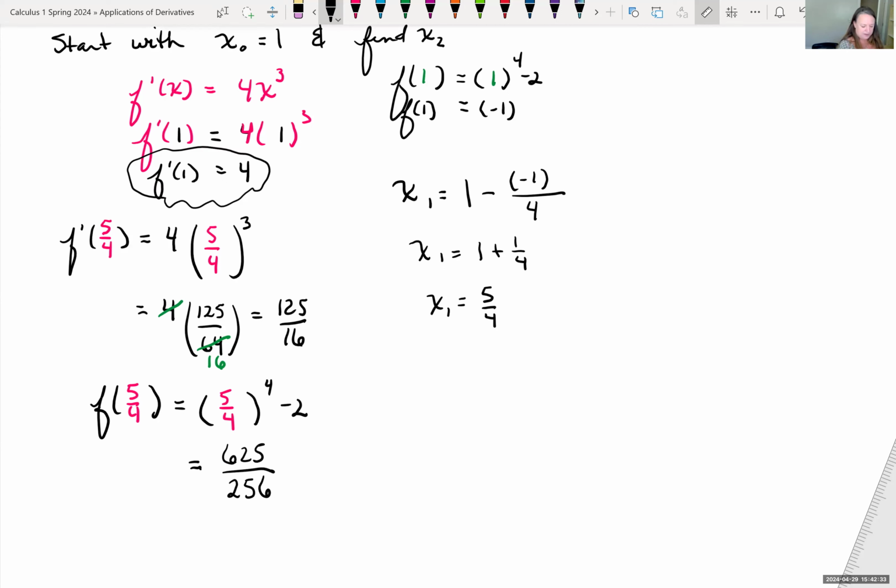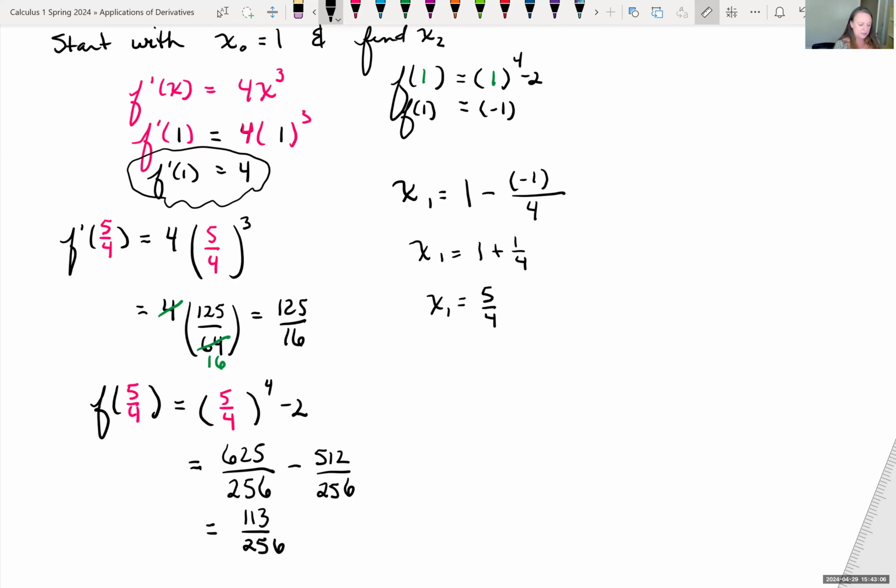I need a common denominator. So let's multiply that 2 by 256 over 256. And that would give us minus 512 over 256. So 625 minus 512 gives us 113 over 256.